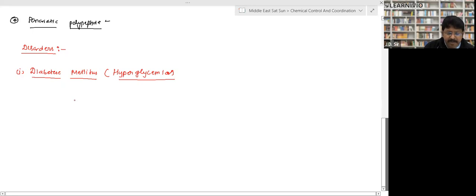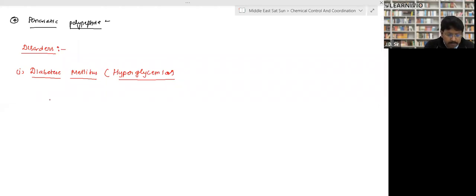Beta cells do not produce sufficient insulin. Right?